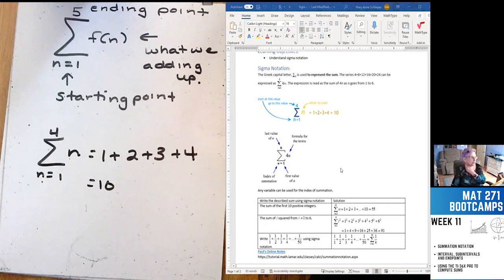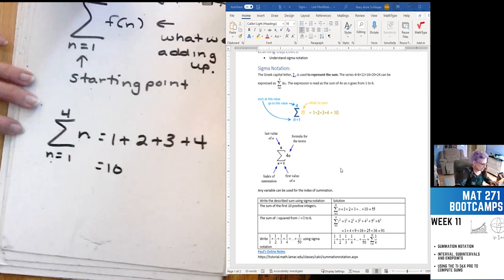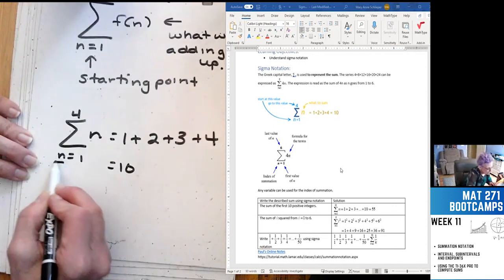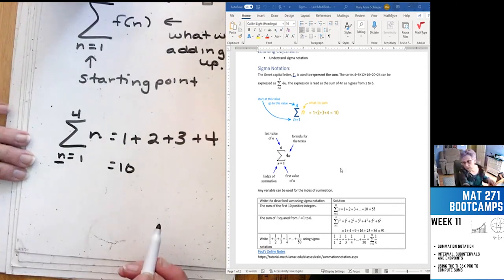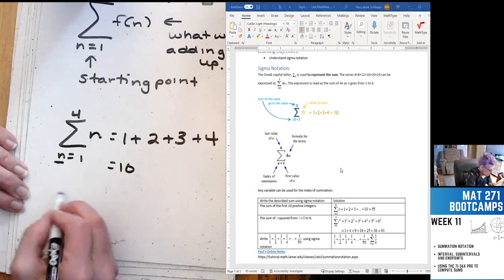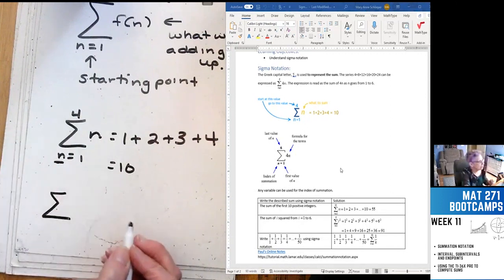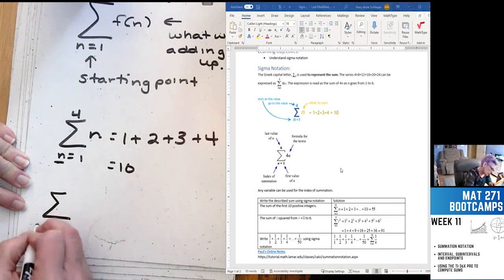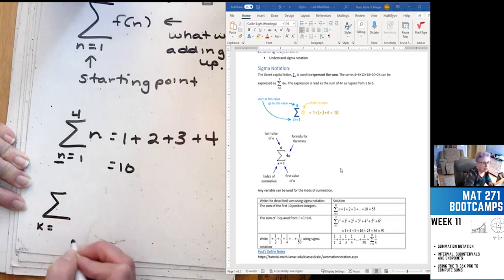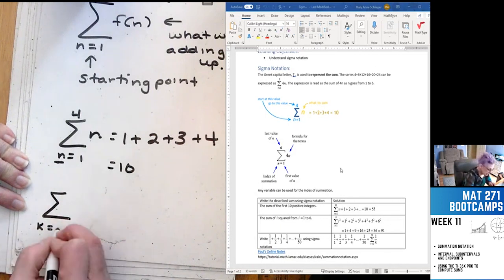If you are asked to write a summation that will give you the sum of the first 10 positive integers, well, this variable here is not important. It can be any variable that you want it to be. So I'm going to call it K this time just to be different.